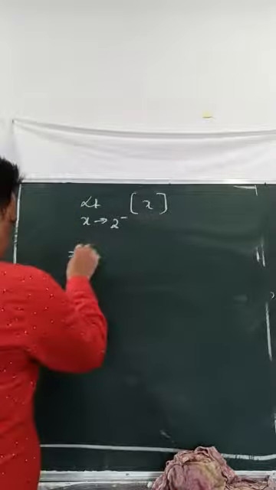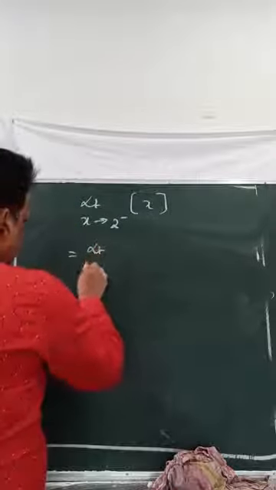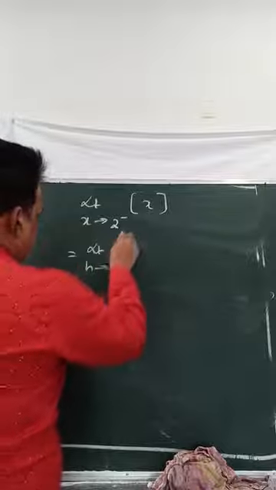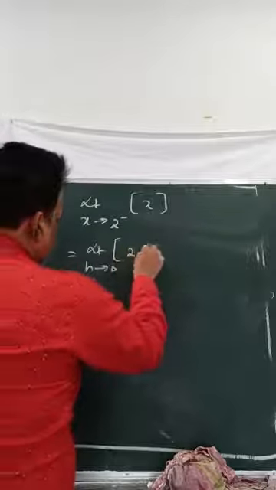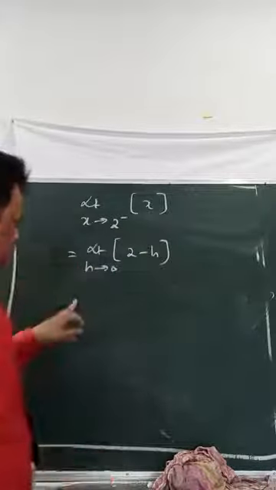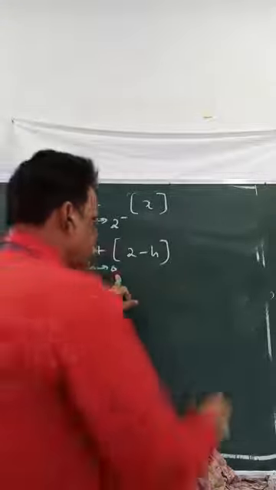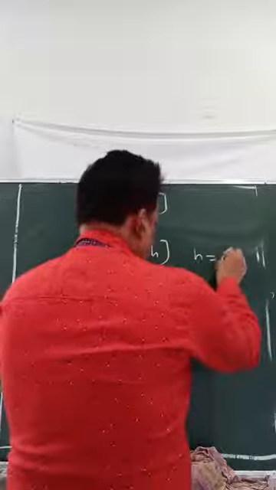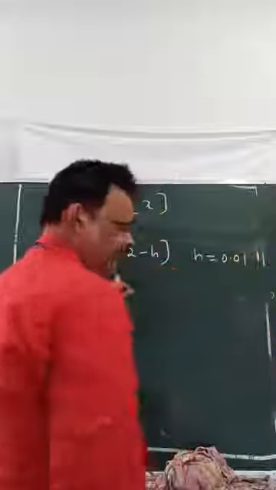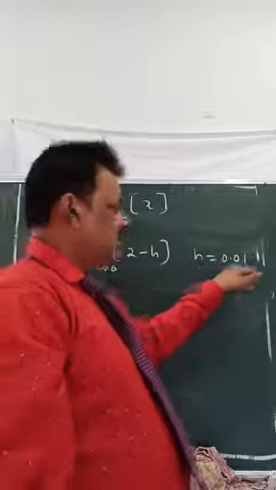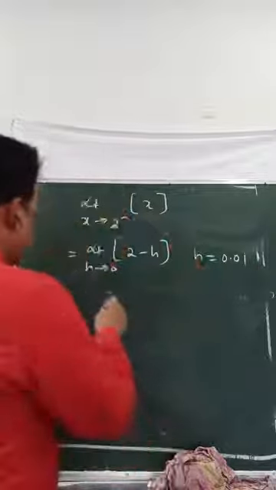That is limit h tends to 0, this is 2 minus h. So h tends to 0 means h is a very small number. Suppose h equals 0.01. So what will you get?